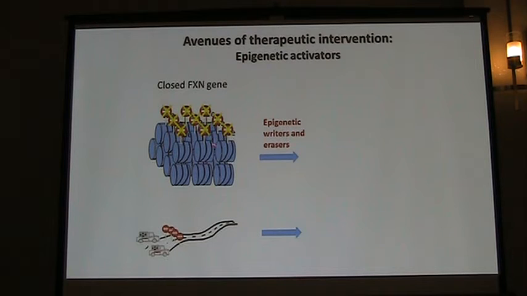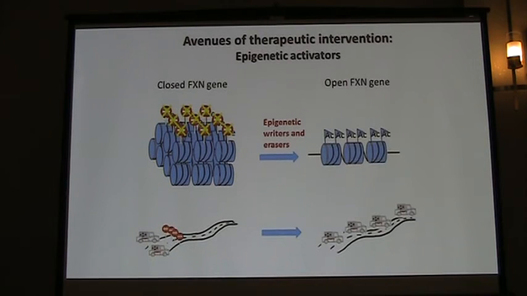There are enzymes inside the cells that are responsible for putting the sign on the histones and taking them off. So we can design more small molecules that target this. They're called epigenetic writers and erasers, and reopen the frataxin gene. So reopen the road.